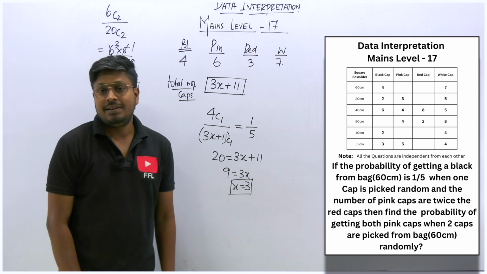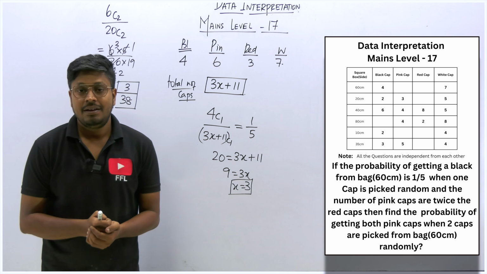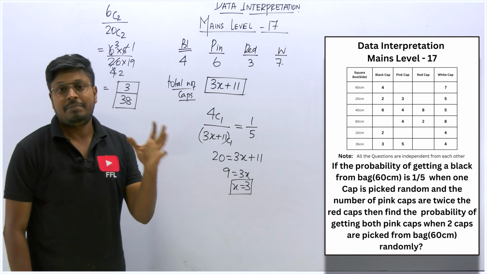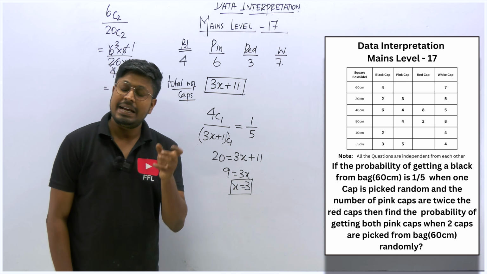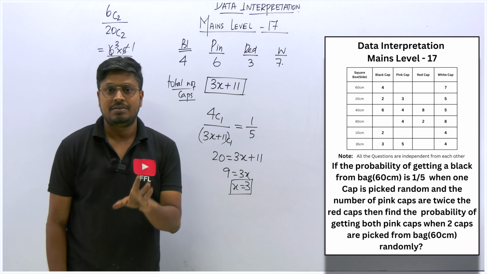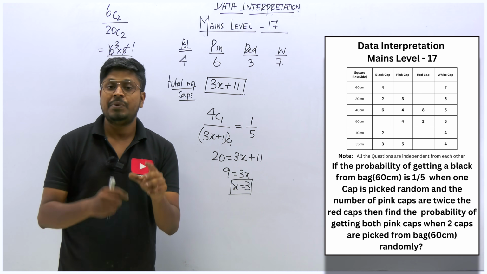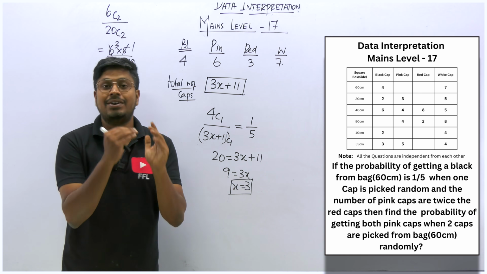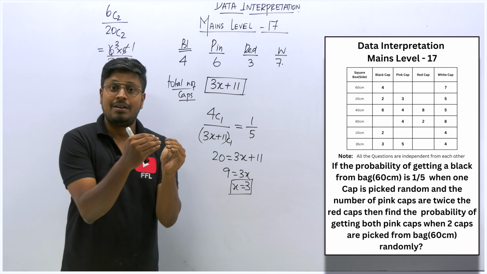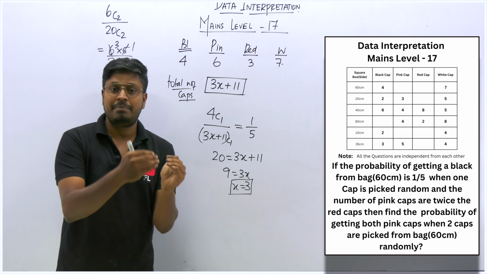Okay, so friends, finally we have solved 5 questions on this data interpretation video, the 17th video for the mains level exam. Again and again I am repeatedly saying it, do not forget to take the test first, right? First write the test, only then can you understand what your level in probability is, whether you know the basics or you don't know the basics, and where you are making a mistake.